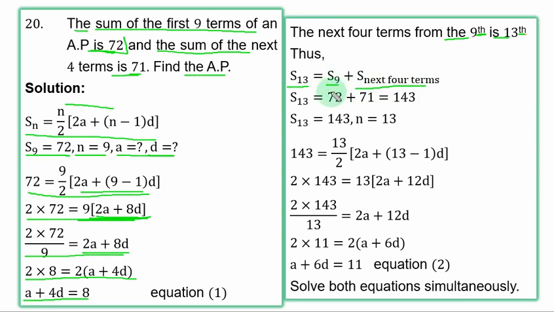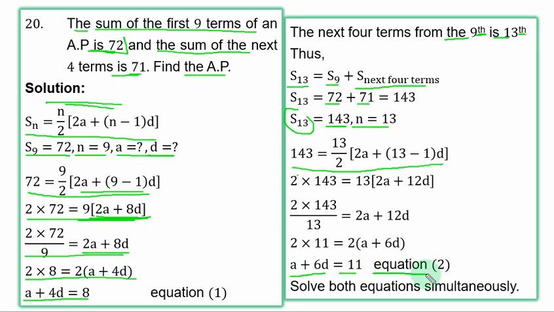S sub 9 is 72. Next 4 terms is 71. When you add, s sub 13 becomes 143. At this point, n is equal to 13. You replace everything in the same formula in this form. When you simplify following the same procedures here, you have a plus 6d equal to 11.